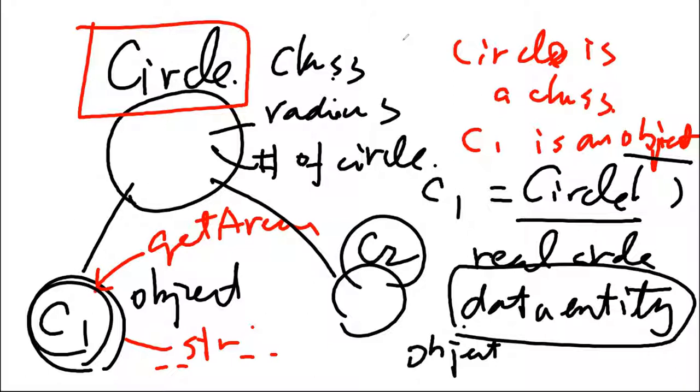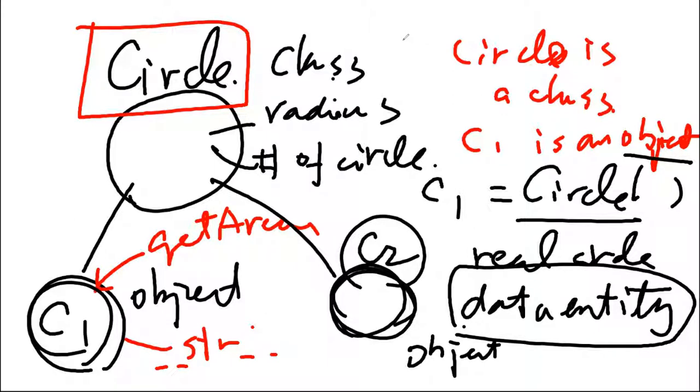Okay, say I have a class, I have some objects C1, C2, C3, okay? I have some rectangle, I use the Rectangle constructor to create R1, R2, R3. Those are rectangles, right? And they are data entities. They are instances of Circle or Rectangle classes. And Circle itself is a class.